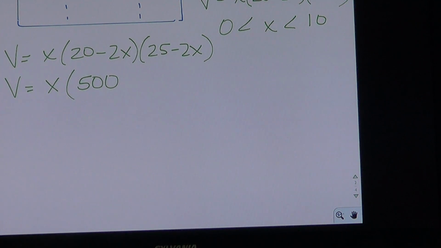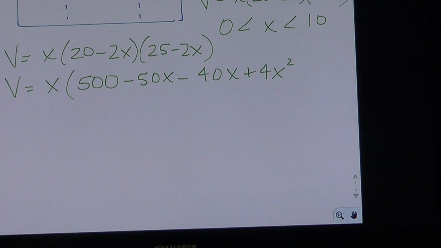Minus 2 times 25, 50x, minus 40x, plus 4x squared.